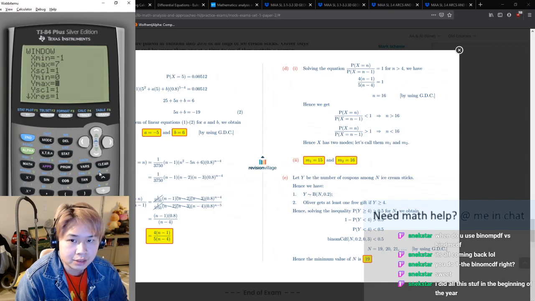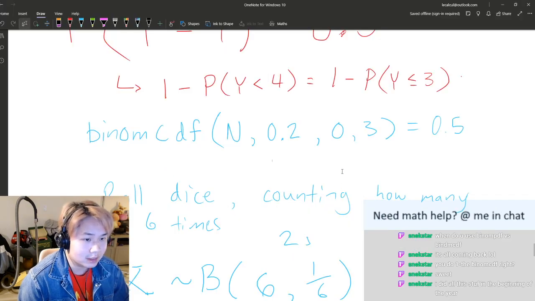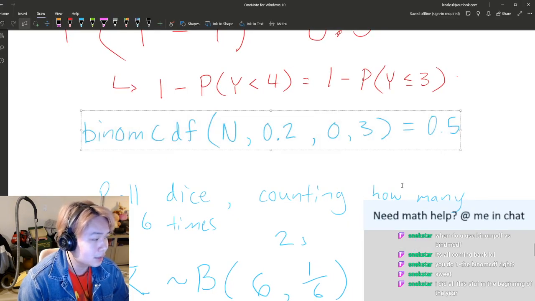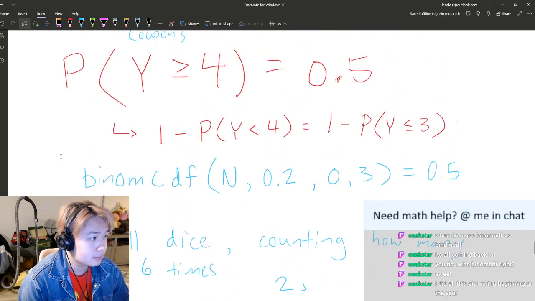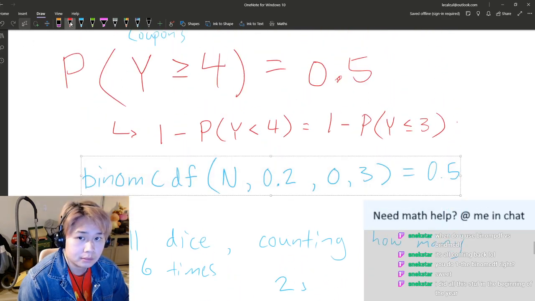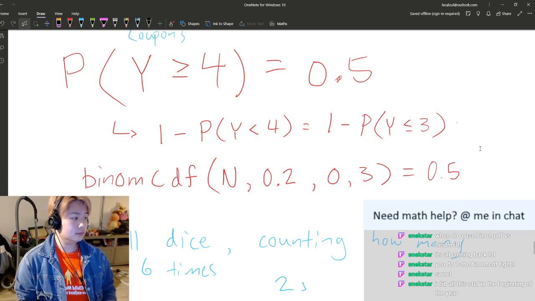So let me change the window. I'm gonna see if I can graph the Binomial CDF, which honestly, I have no idea if it will. I don't think it did. But apparently by GDC, you can solve this thing, and then the smallest value that works is 19. Oh well.